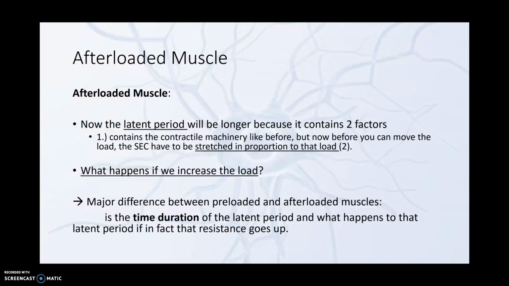So what happens if we increase the load? That latent period is going to become longer because it will take longer for those series elastic components to be stretched. If they weren't stretched yet, we still need to stretch them, so we're adding that time into the latent period. If we add an even heavier resistance to an afterloaded muscle, that adds even more time because it was never stretched in proportion to the load to begin with.